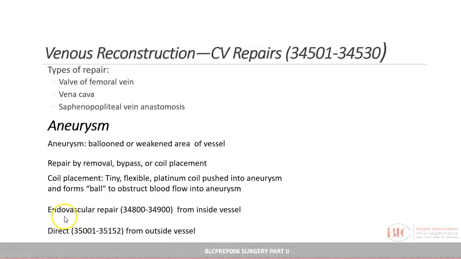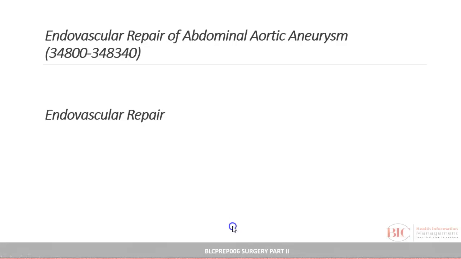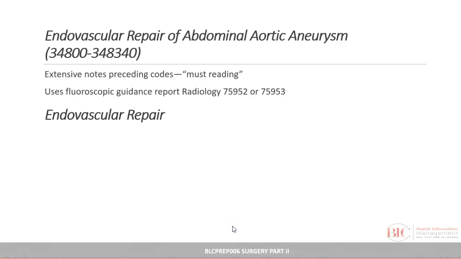If it's done by endovascular repair, your range of codes are going to be 34800 to 34900, which is done from inside the vessel. If it's direct repair, it's going to be 35001 to 35152, which is from outside of the vessel. If you are coding repair of an abdominal aortic aneurysm, there are extensive notes in your CPT preceding.